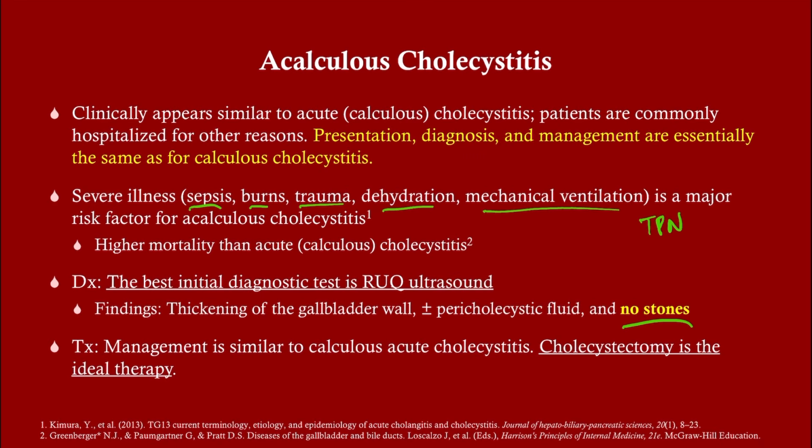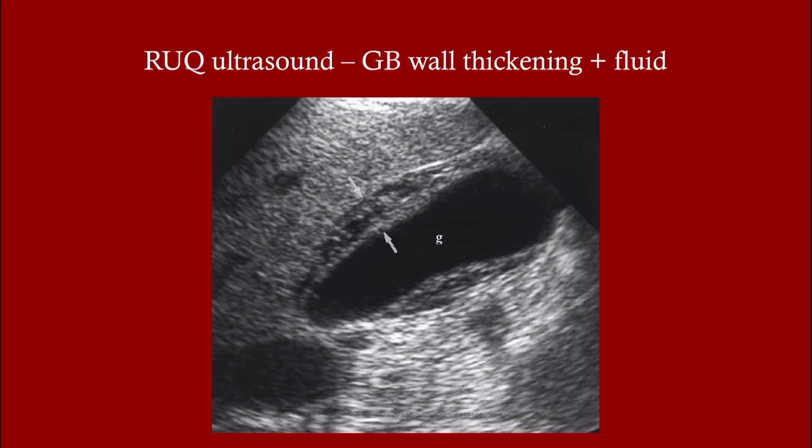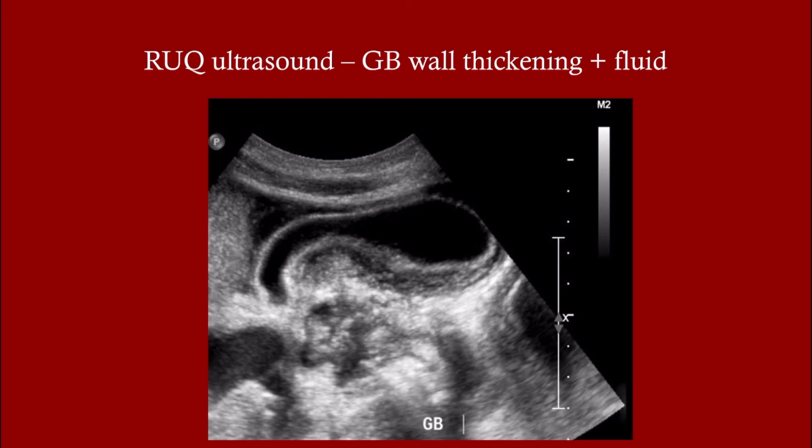Number one is that the stasis can cause stones to form, and number two, stasis can lead to an infection itself. Very similar to why we see UTIs in older men with BPH who have urinary retention. The management here is basically the same as calculous acute cholecystitis, and cholecystectomy is the ideal therapy. So again, here you see pretty much the same thing, but no stones.